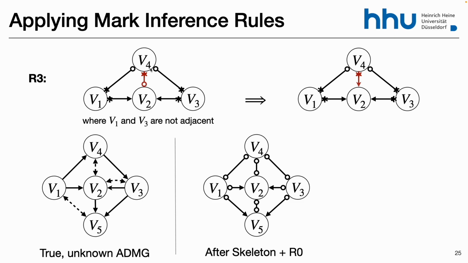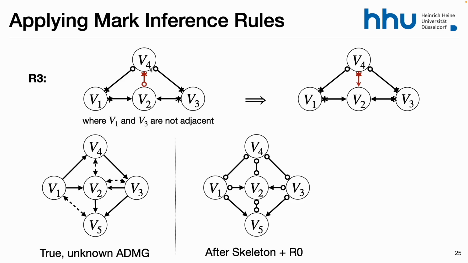Since V4 is part of the conditioning set, you have a collider on V2. What would happen if V4 is a descendant of a collider? It cannot be part of the separating set. So it's a contradiction. So you excluded the two cases where V2 has a tail: it cannot be an undirected edge, and it cannot be a directed edge from V2 to V4. So for sure you know that it's an arrowhead.